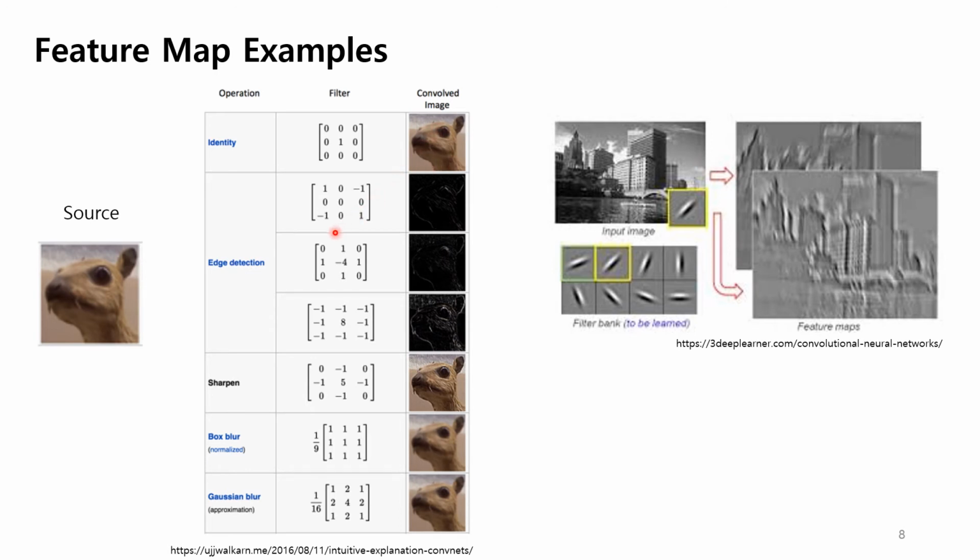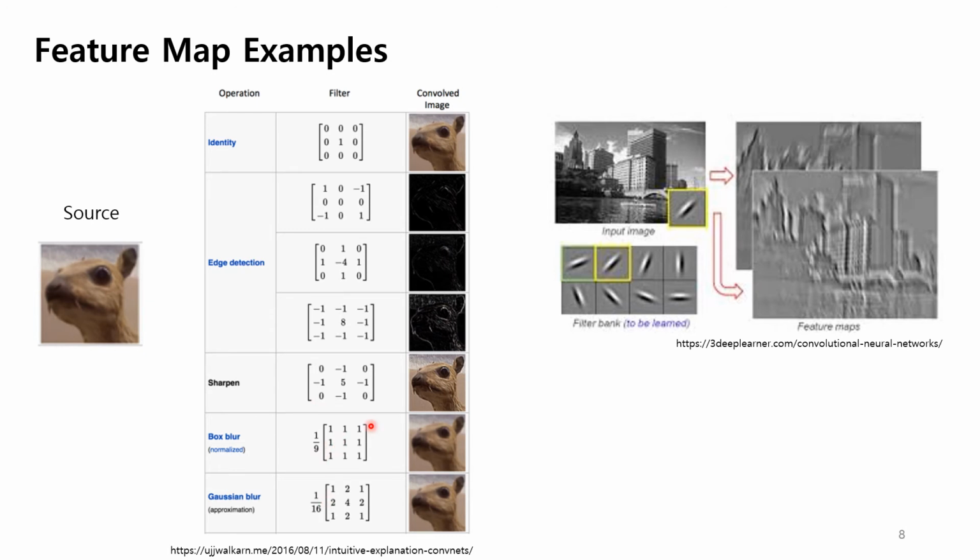You apply this filter, and the image becomes like this, etc. This is called an identity filter. This is called an edge detection filter. This filter is called sharpen, etc.